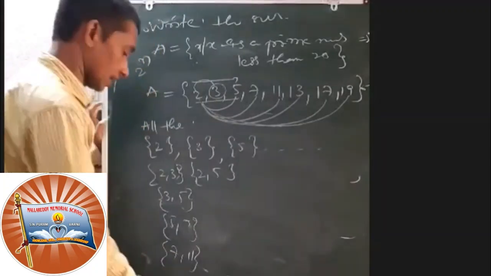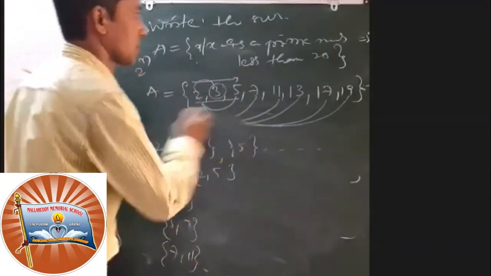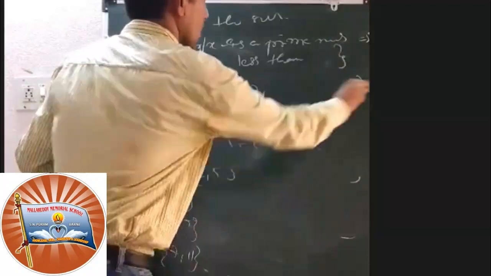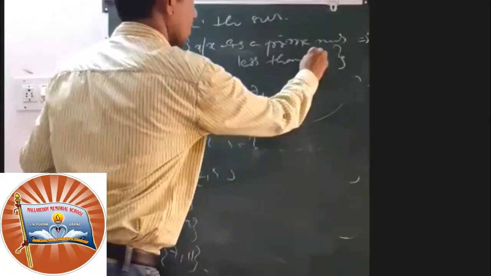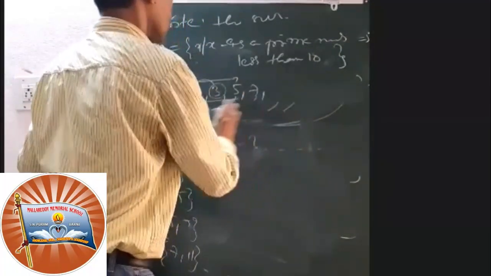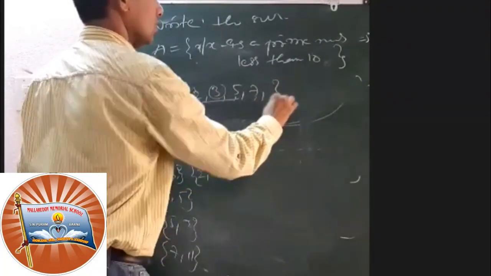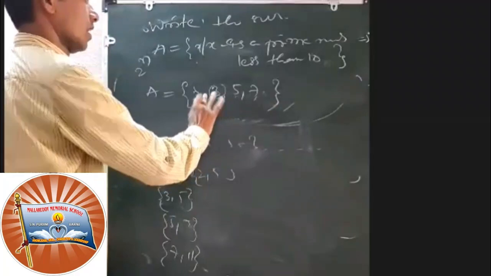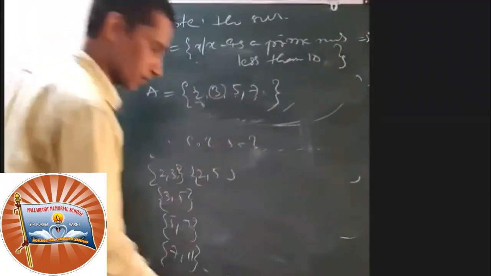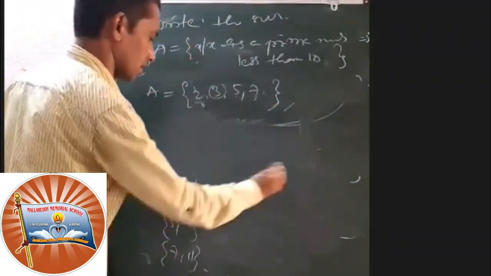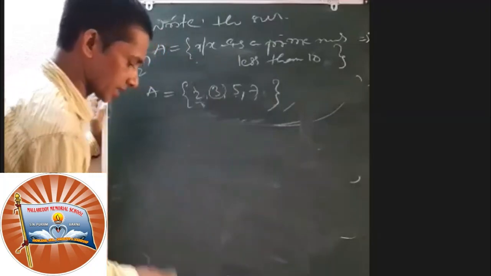Okay. Again, you have to remember here. Suppose I take the limit as less than 10. Then these are the prime numbers: 2, 3, 5, 7. Now, if I limit to a smaller number, how many subsets can I write?